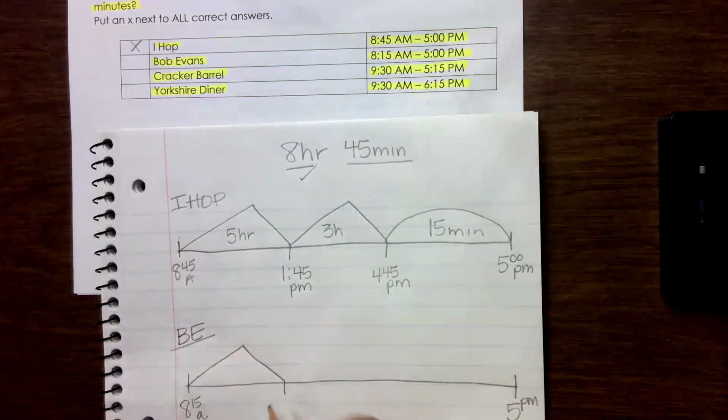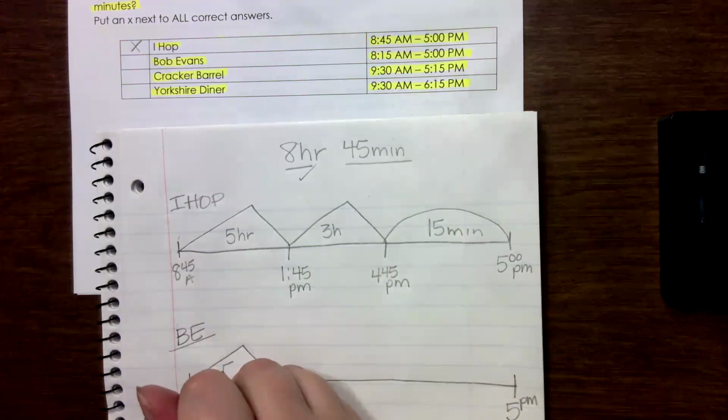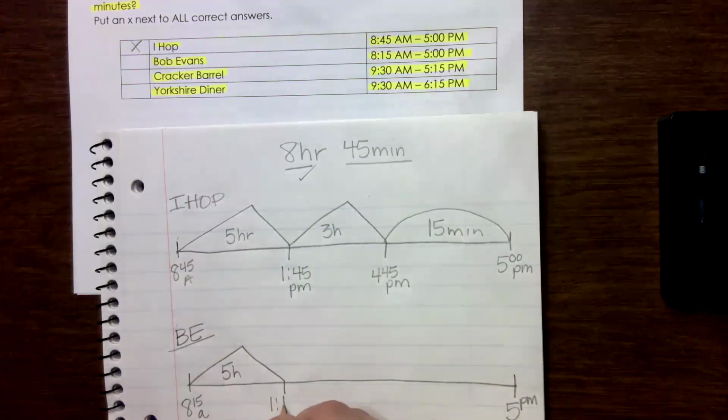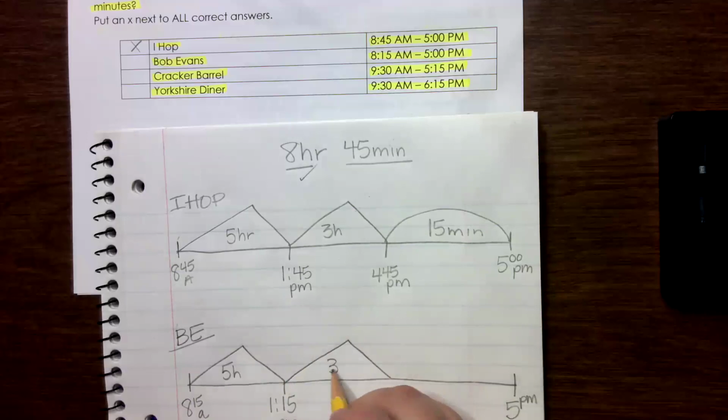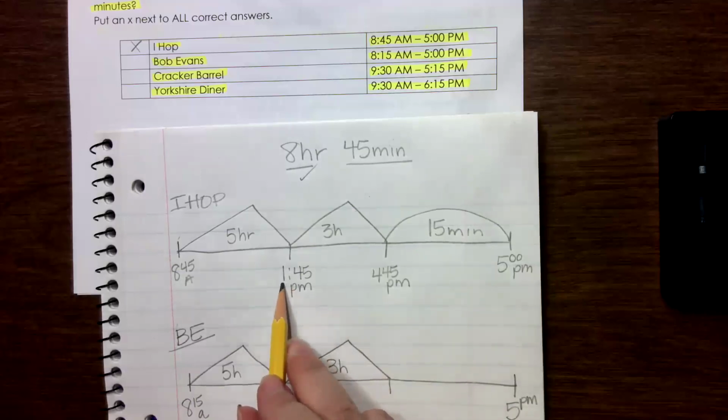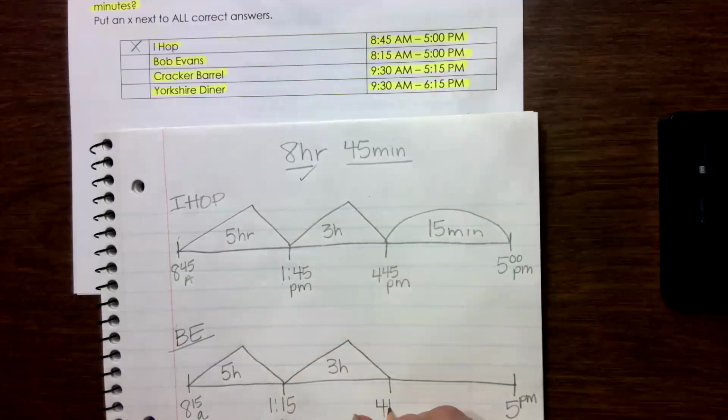And I know 8:15 plus 5 hours is going to be 1:15 p.m. And I'm going to jump another 3 hours. And I know that when I went from 1 o'clock something plus 3 hours, I got 4 o'clock something. So this is 4:15 p.m.